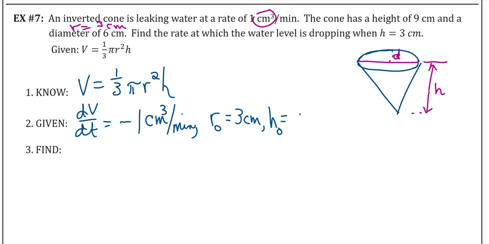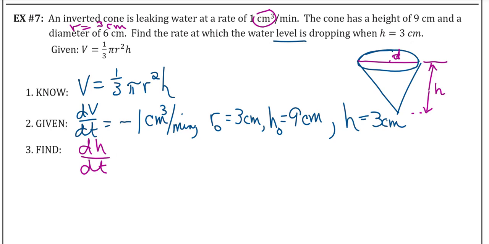And then we also have our H that we want, which is 3 centimeters. We need to find the rate of change of the level of the water. It says level right there. So that is dH/dt.